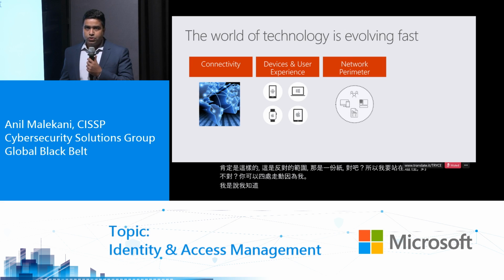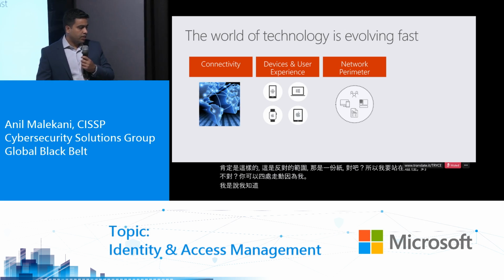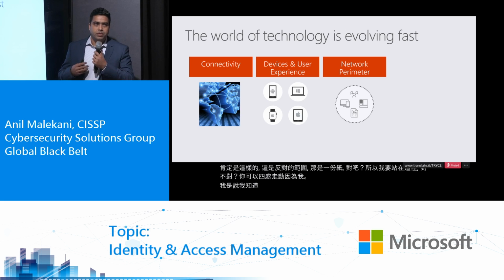Now, with applications being on the cloud as online services, and with these modern mobile devices, the network perimeter is getting more and more blurred. So it means that people can access these services, or they expect to access their corporate services, from any location or from any device of their choice.